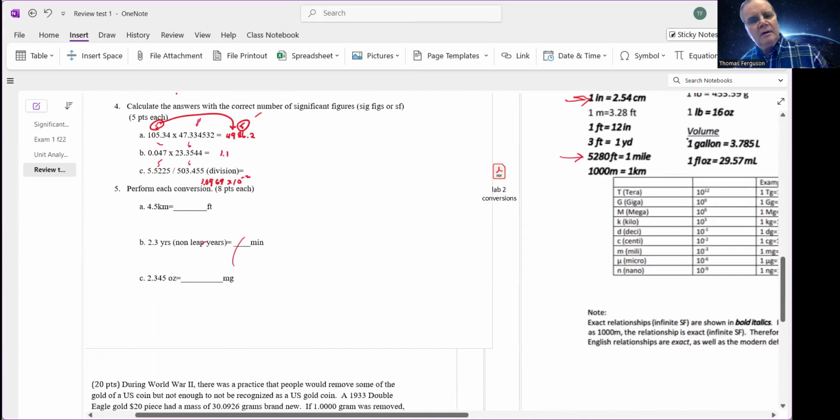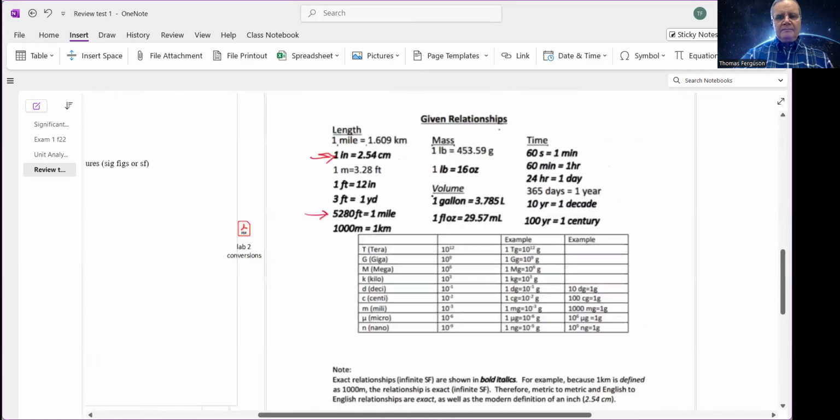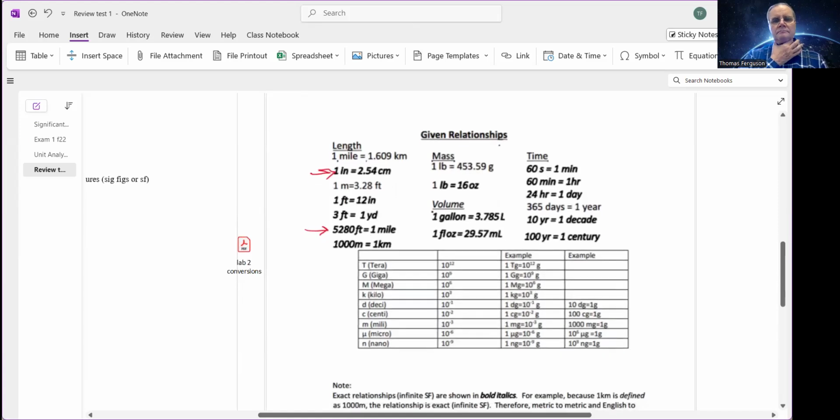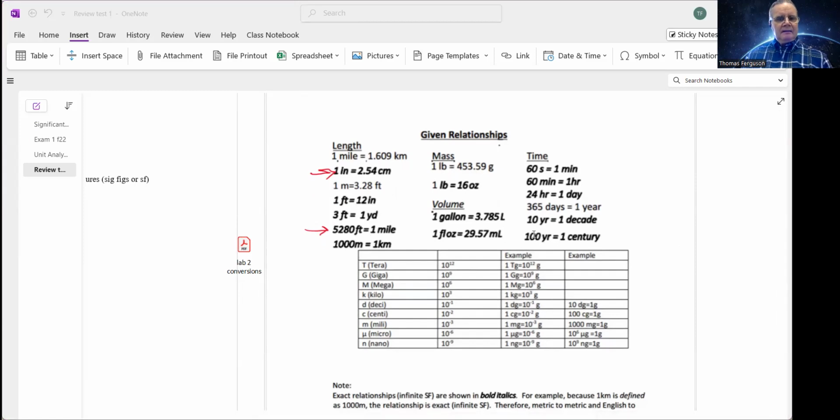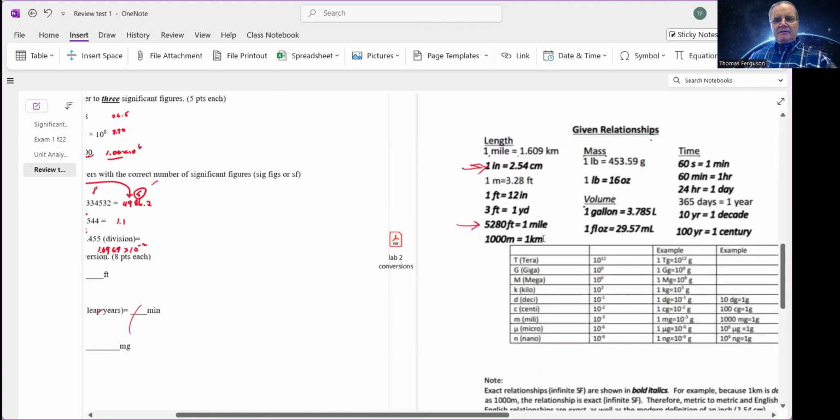Kilometers to feet. What do we got here? All right. Well, if we can change the kilometers to feet.